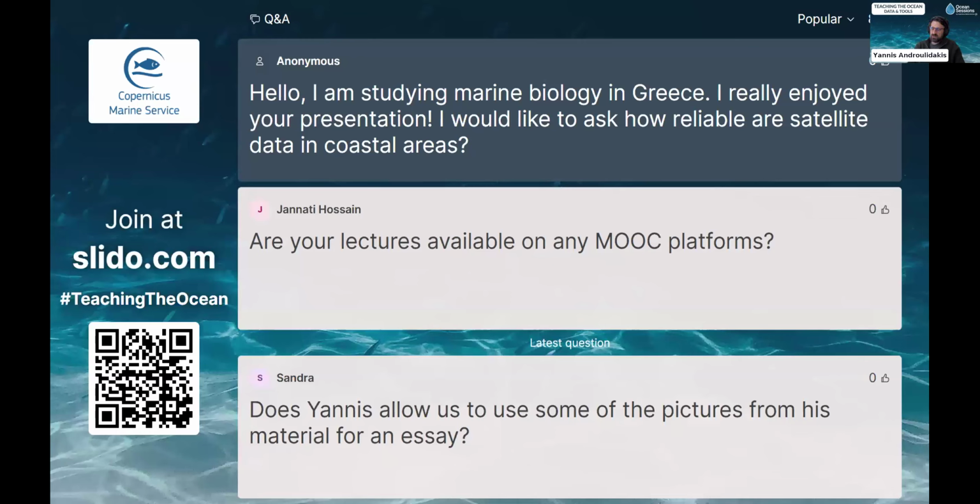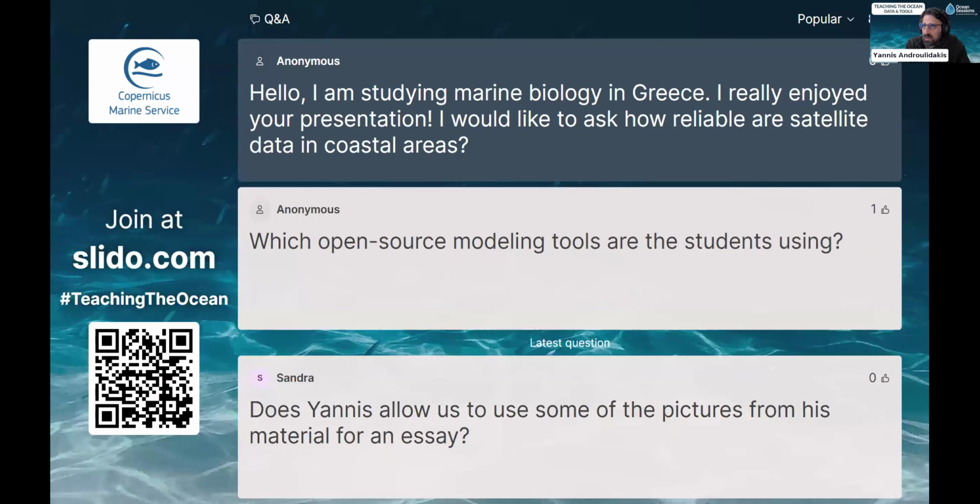This is true. Depending on the satellite data, for example, in their resolutions, there are some improvements in the last years for the coastal satellite data that have improved their quality in the coastal zone.